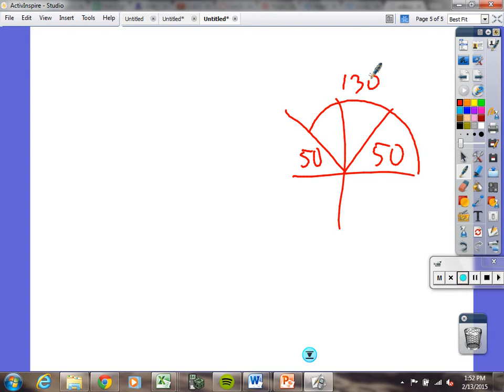I want you to do it in your calculator right now. Sine of 50. You're going to get a number, I don't care what the number is. Now sine of 130. What is it? That's what I'm trying to talk about. There's 2 angles that give you the exact same response. For every triangle.